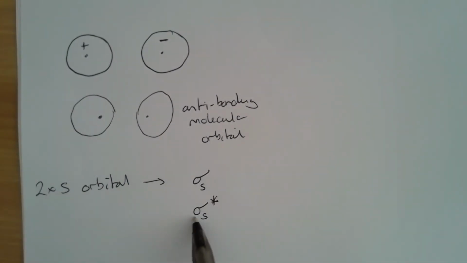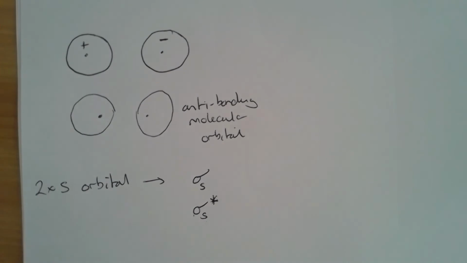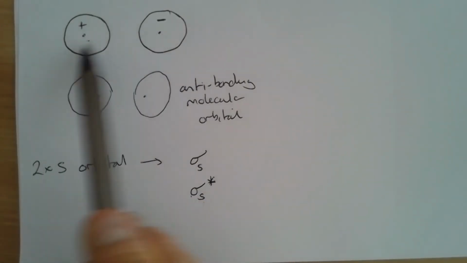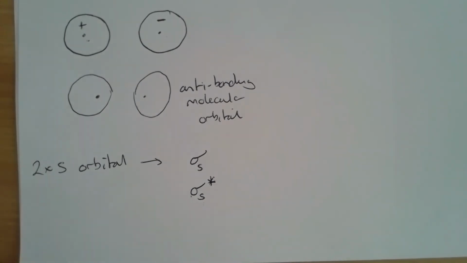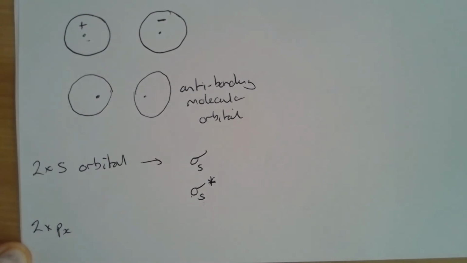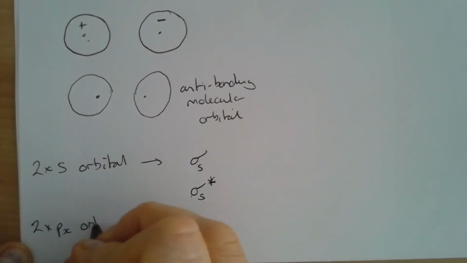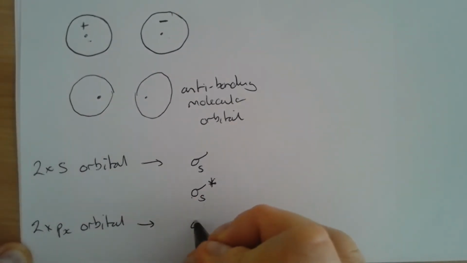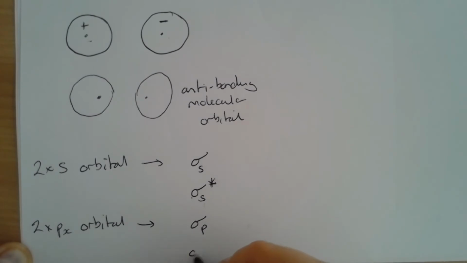So that's a sigma to show the type of molecular orbital that's been formed, and the s to show that it's from the s, and then that star shows us that it's the anti-bonding orbital where the waves have arrived out of phase. We can get 2 times px orbitals, and that's important because you actually get a different type of bond formed with py and pz orbitals, but we'll talk about that in a future video. So 2 times px orbitals will give us a sigma p and a sigma p star, or sigma p anti-bonding orbital.